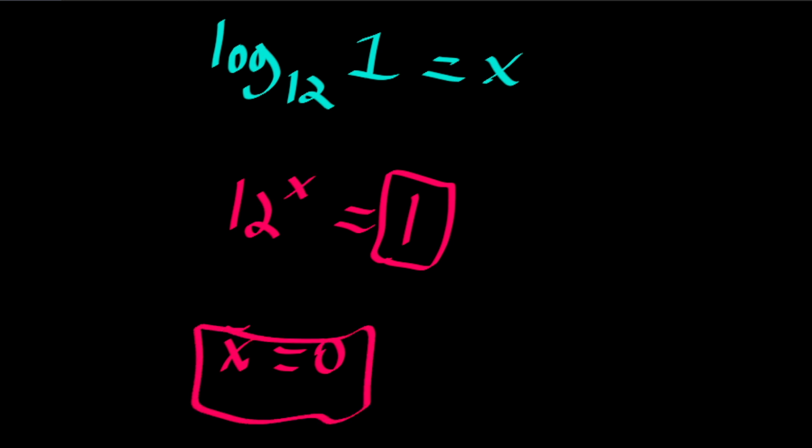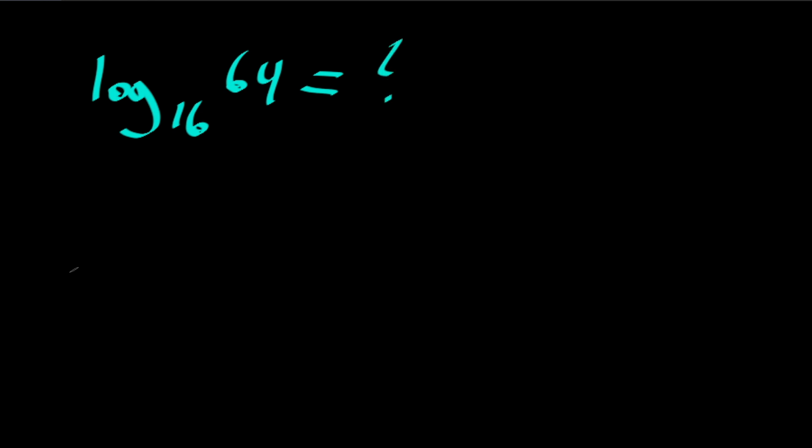So there's another example. So now let's make it a little bit more difficult. Let's say I gave you log base 16 of 64 equals something. Evaluate that. Well, this gets a little bit trickier.